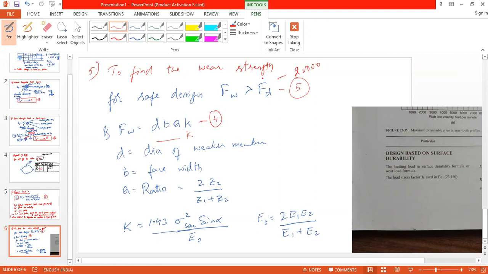Then use equation number 4 and the value from equation number 3, that is FD, and substitute in equation 5. Once you substitute in equation 5, you will get the value for K, and that can be used to get the value of hardness of the gear and pinion.